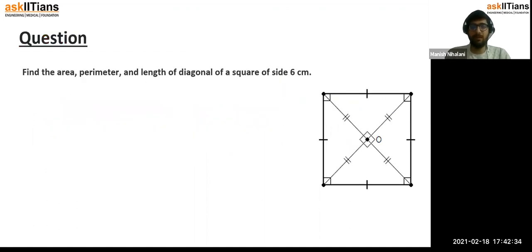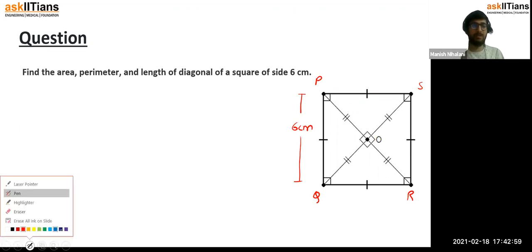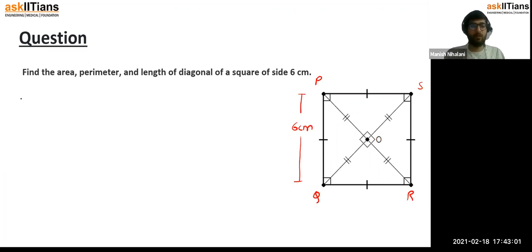Now let's try to solve this question. Find the area, perimeter and length of diagonal of a square of side 6 centimeters. So if this is a square PQRS, its side is 6 centimeters. We are first interested in finding its area. Area is very simple, it's just side squared.